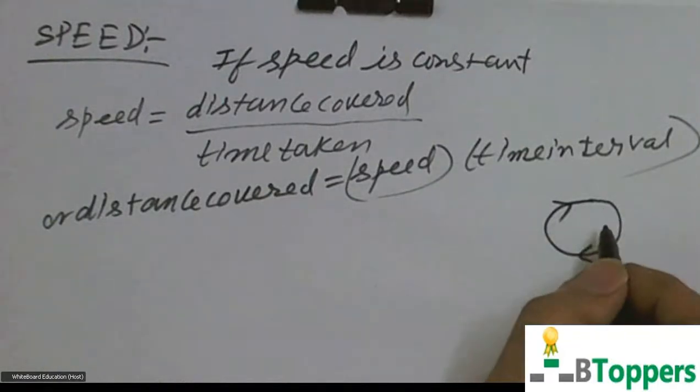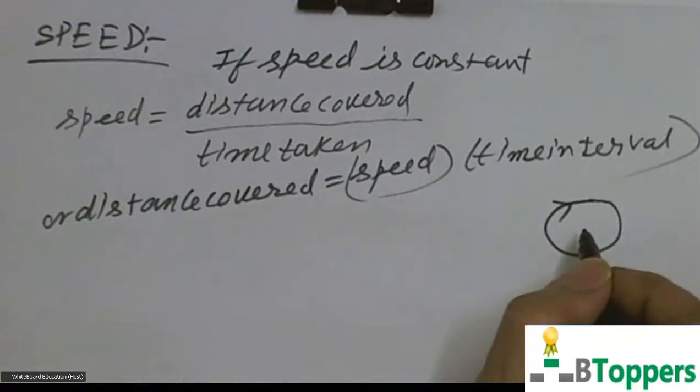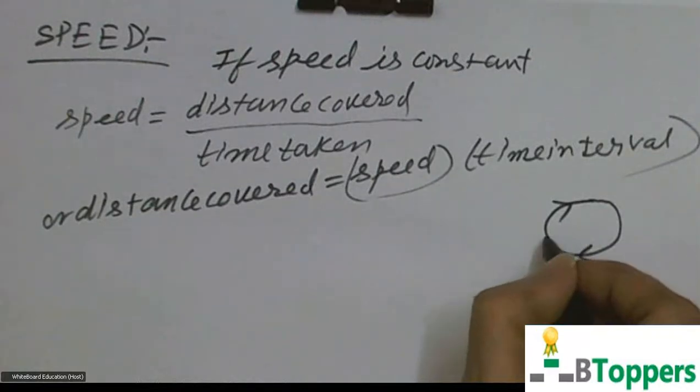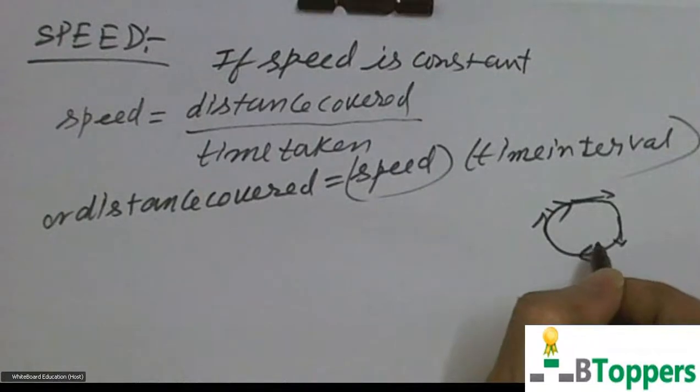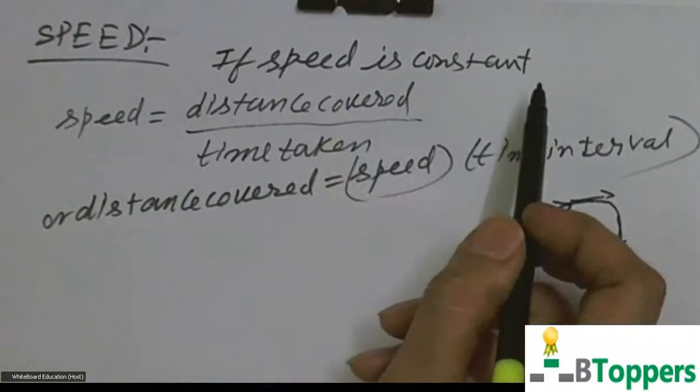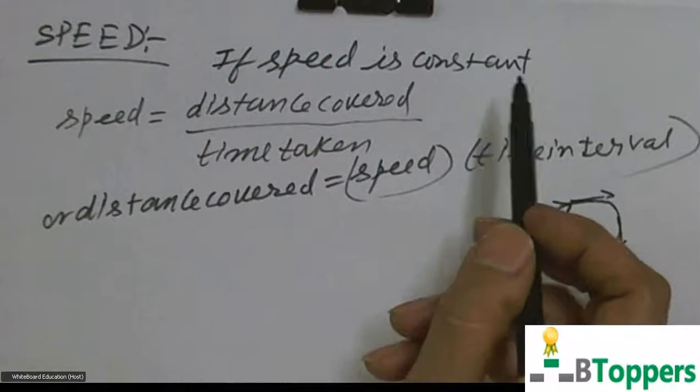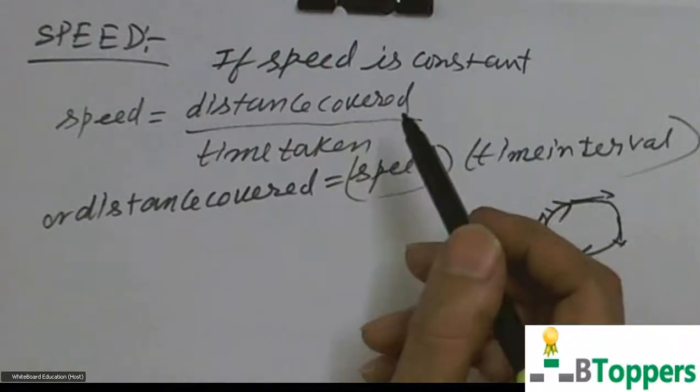That means in uniform circular motion, speed of the particle remains constant, but velocity of the particle is not constant because the direction of the velocity changes continuously from instant to instant, and due to which the particle will have an acceleration.